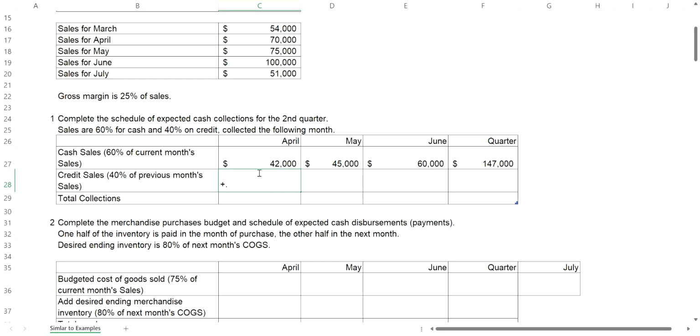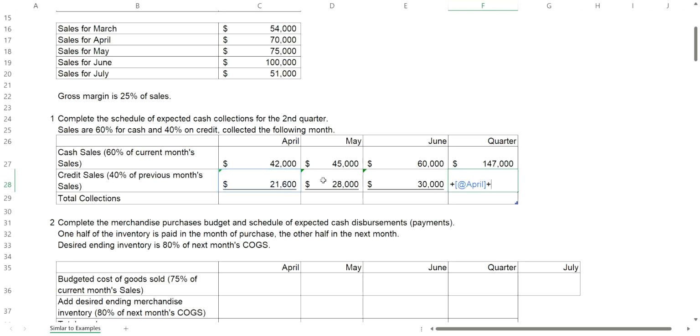So I will take 40% of March's sales, which are $54,000. 40% times 54,000 gives me 21,600. For May, I go back 1 month, that would be taking 40% of April sales of 70,000. And for June, I will take 40%, go back 1 month, of May sales.